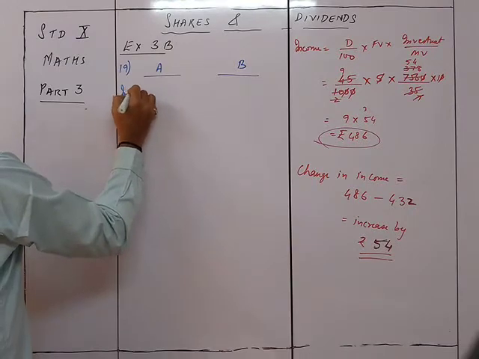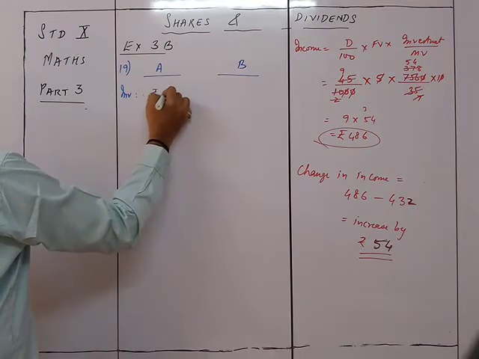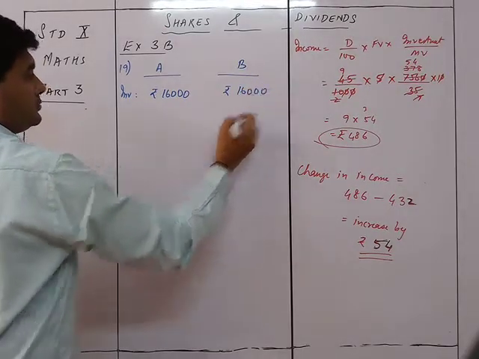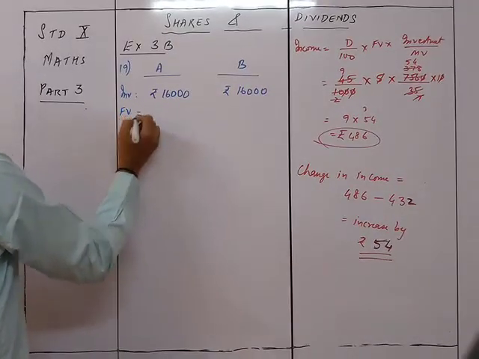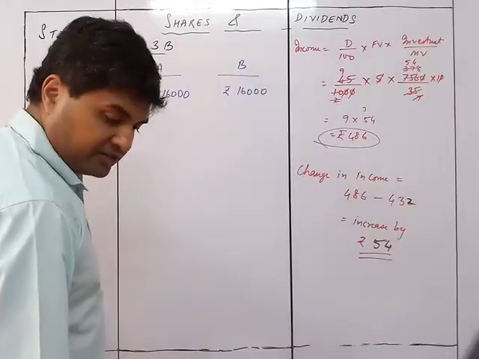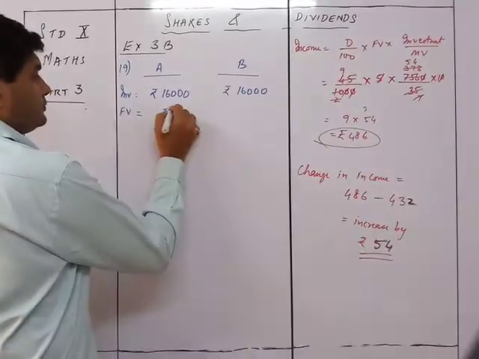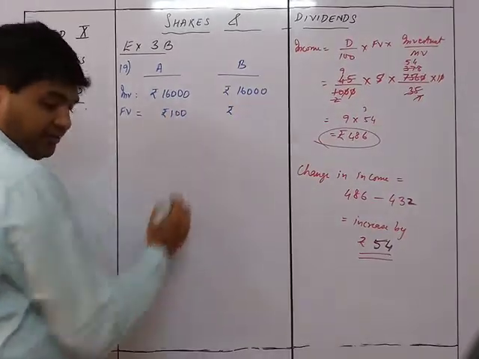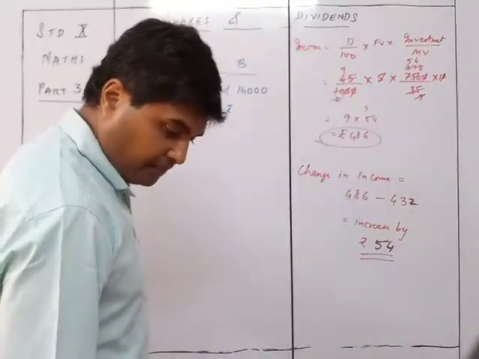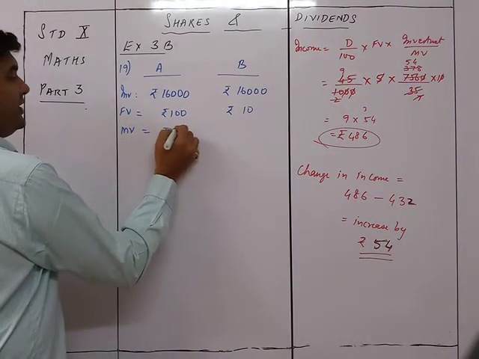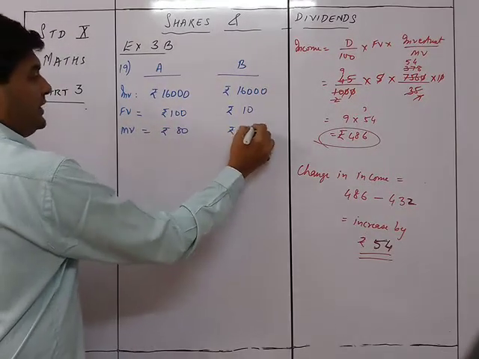First is investment, rupees 16,000, rupees 16,000. FV: in the first case the FV was rupees 100. Here the FV is rupees 10, B at par. MV over here is rupees 80, over here is rupees 10.